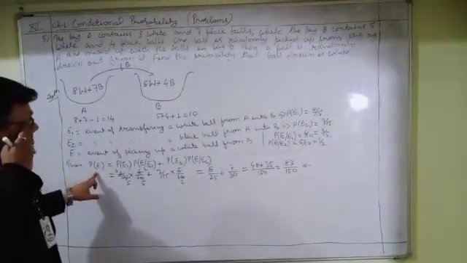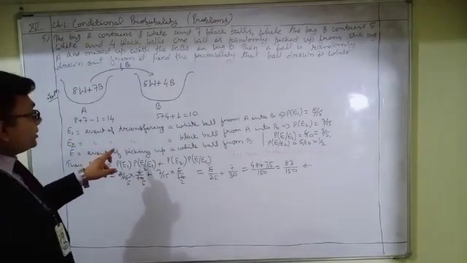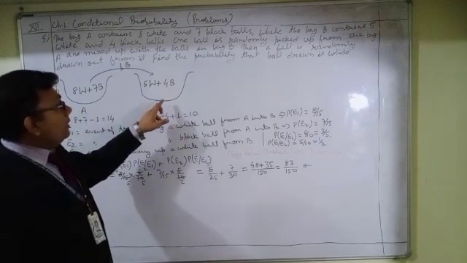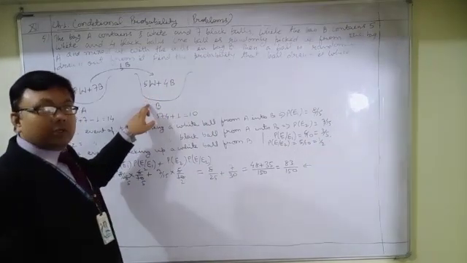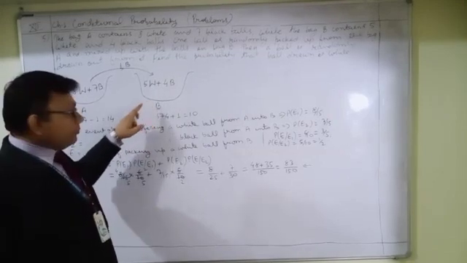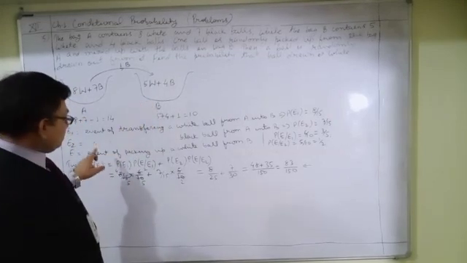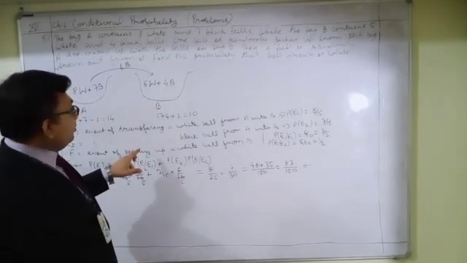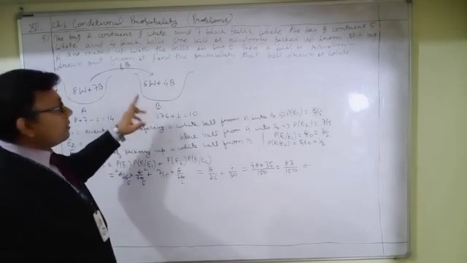Then probability of E means the probability of selection of a white ball from bag B. Okay, so how will it take place? Now here there are two situations. We are selecting a white ball from bag B under two conditions.